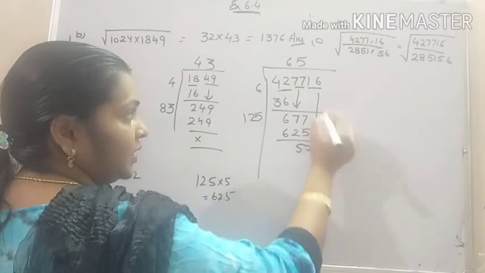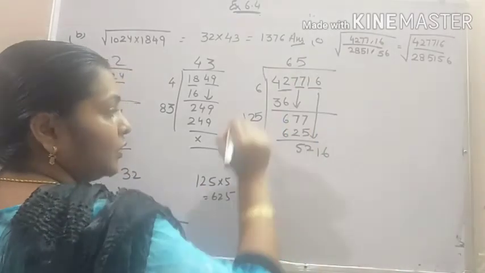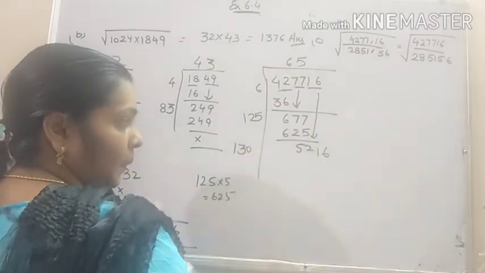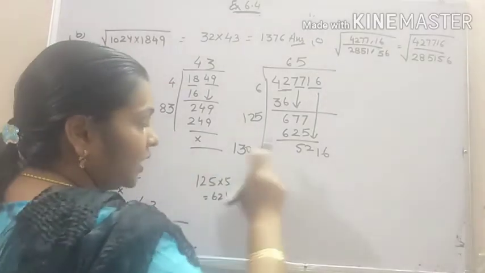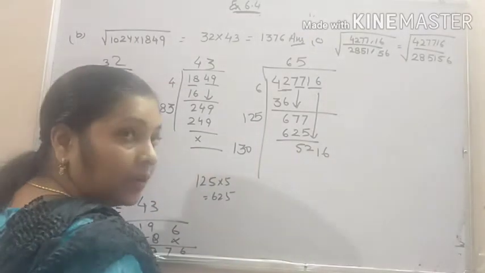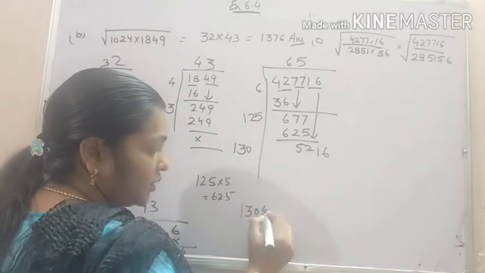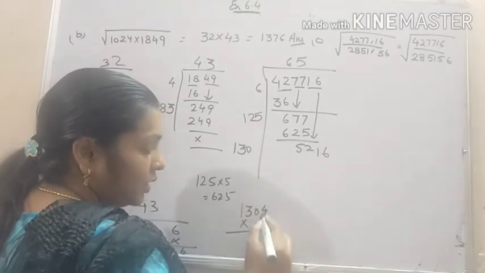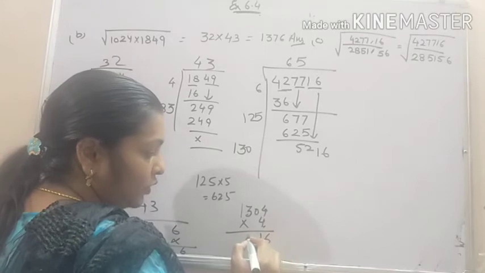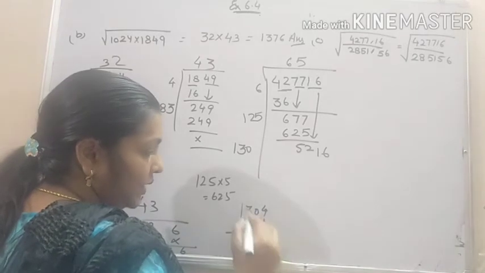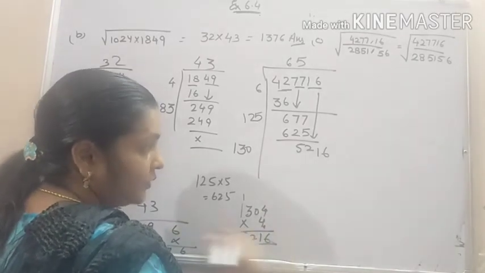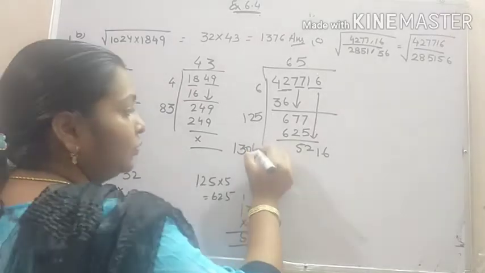Bring the next pair down. 16. Double of 65, 130. Now in the table of 13, 52 will go, I think, 4. 1304 into 4. 4 4s are 16. 4 3s are 12, 1 carry. 4 1s are 4, 5. We are getting the exact value.